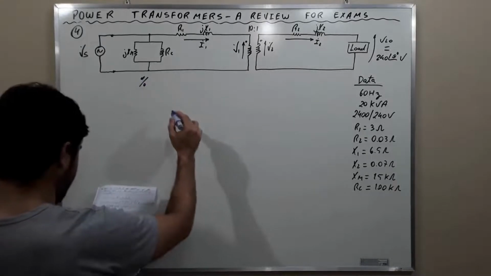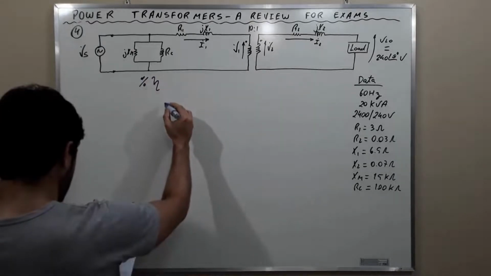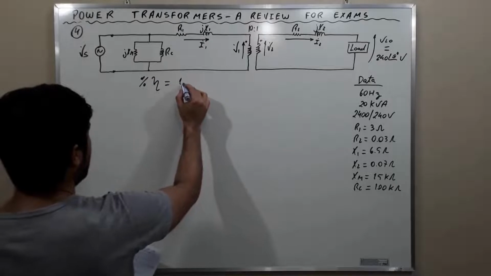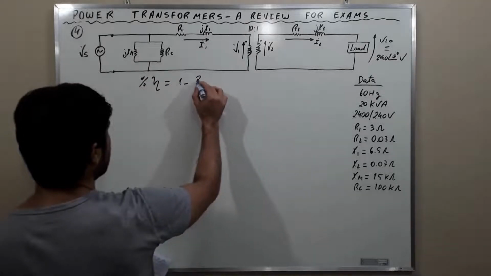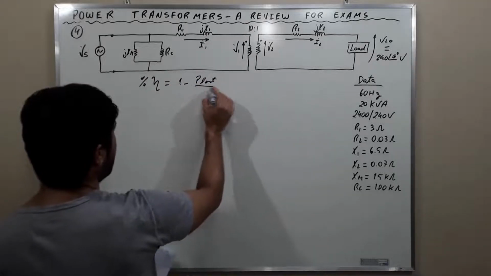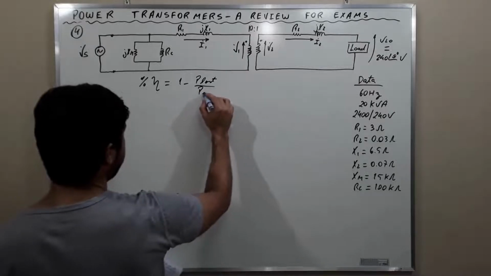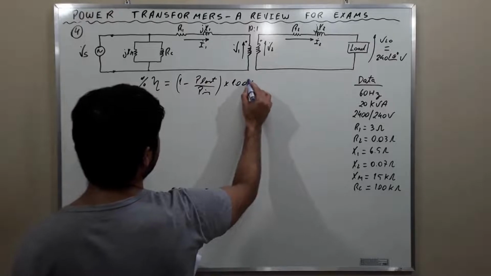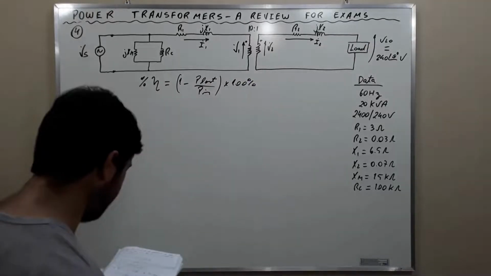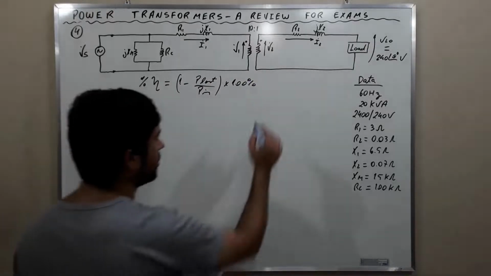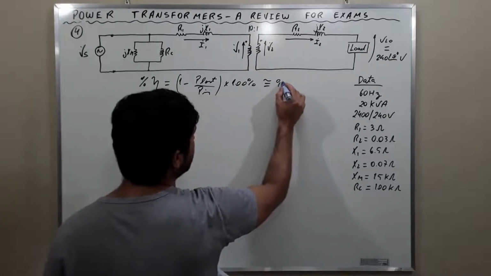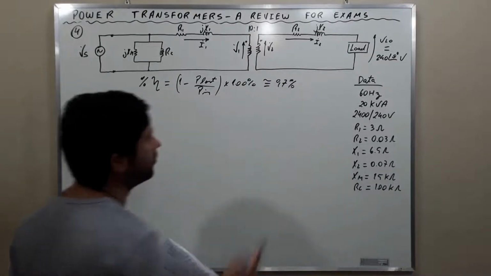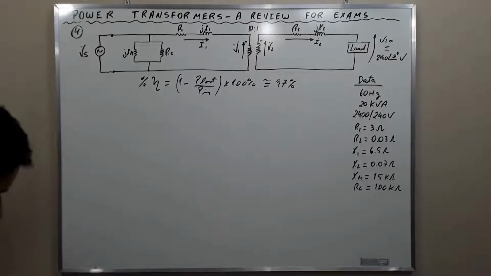The percentage efficiency is equal to 1 minus P lost over P in, times 100%. Okay, simply using the values, and we find that it is approximately 97%. Okay, this is the efficiency of the transformer.